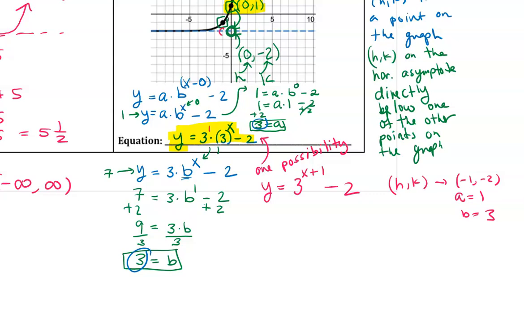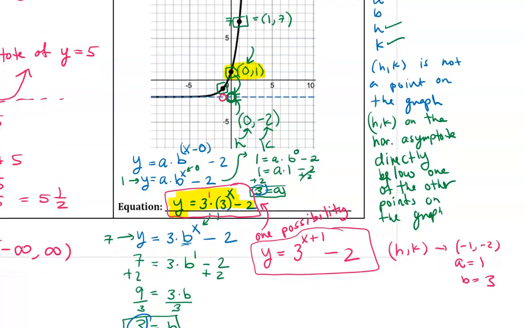That would have been if you had used this point, (-1, -2). Yeah, so anyways, these are actually the same thing. Like this is equal to this. It just depends on which point you chose originally for your (h, k).